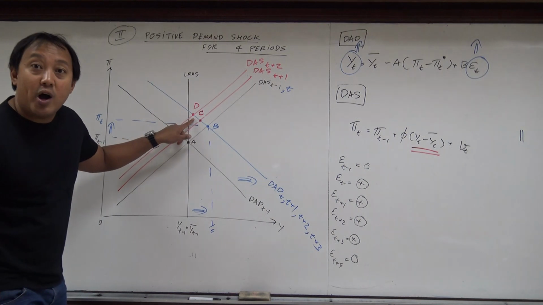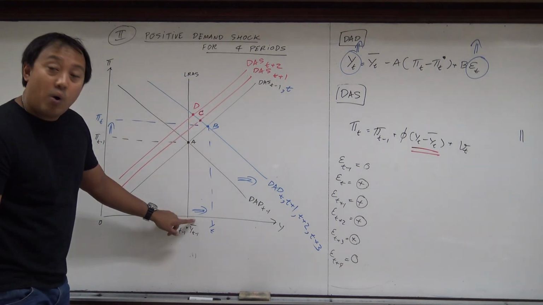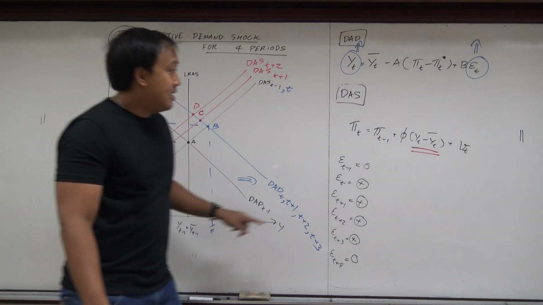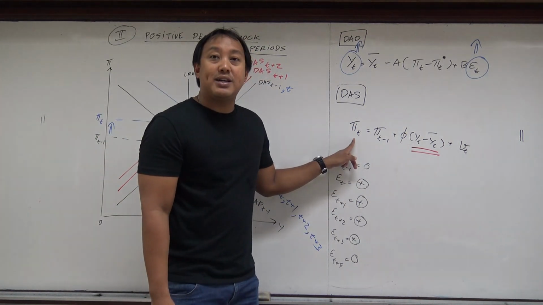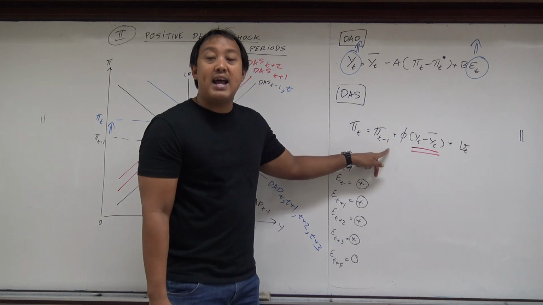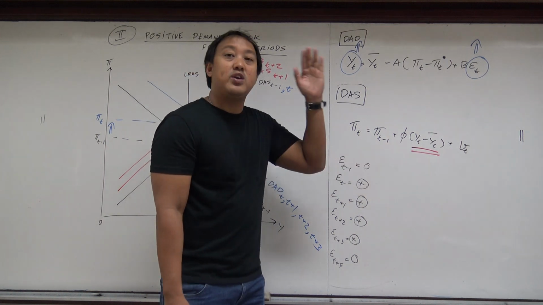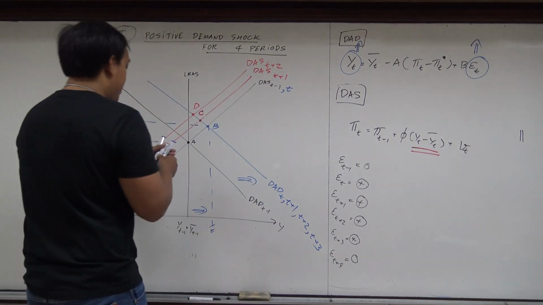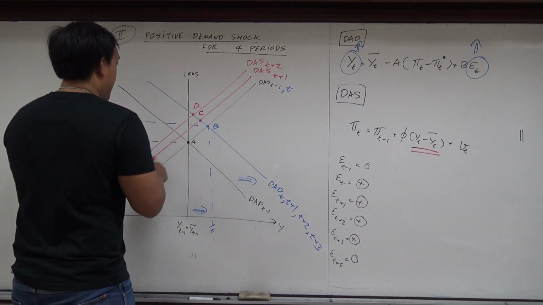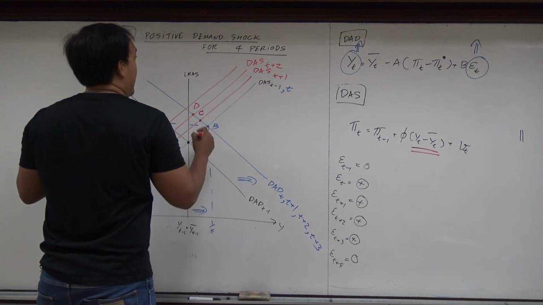As you can see, at point D, Y is still higher than Y bar. So it means that inflation at time T plus 3 is still higher than yesterday. So DAS still shifts up. Like this.